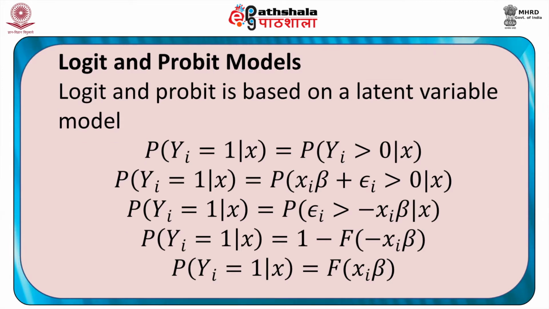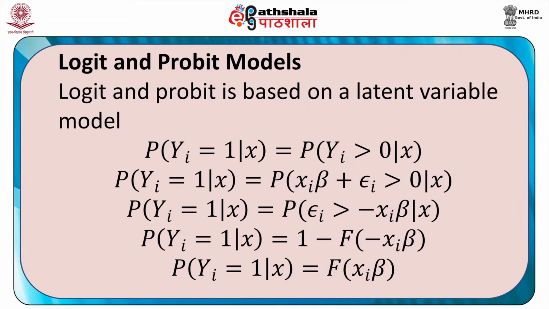So we have taken the negative values of both of them, or in a way you can say that we have kept epsilon on the one hand and xi beta we have shifted to the other side. Now this equation is the same as probability yi equal to 1 given x equal to 1 minus F of minus xi beta, which can also be written as probability yi equal to 1 given x equal to function F of xi beta.